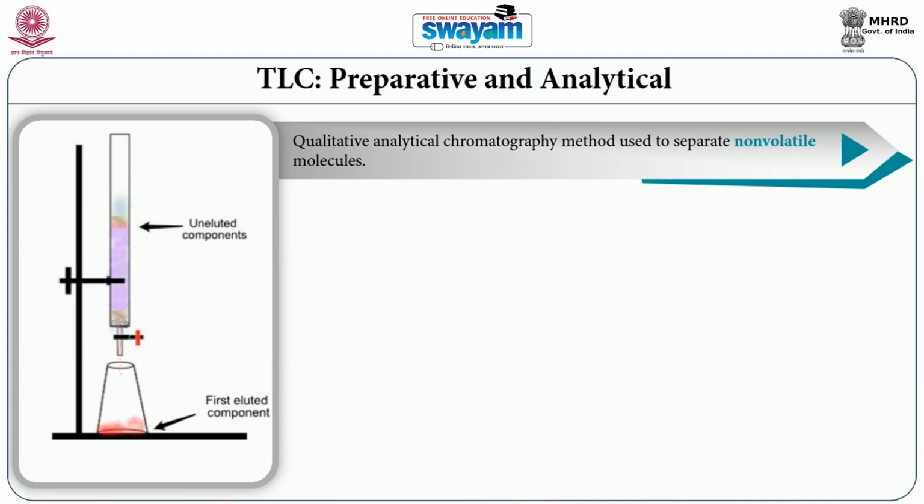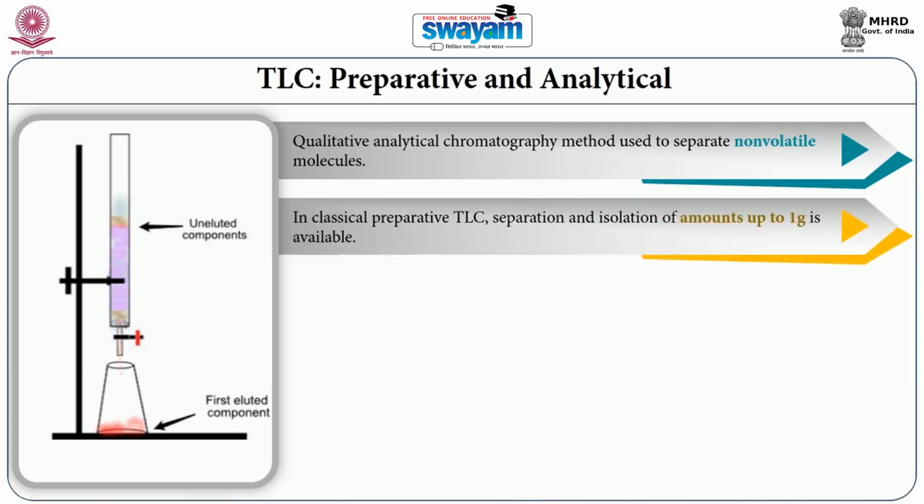Now, broadly you can classify it as either preparative or analytical, and in a classical preparative TLC, the separation and isolation of amounts up to 1 gram is possible. Sometimes, under certain conditions, it could be even bigger.